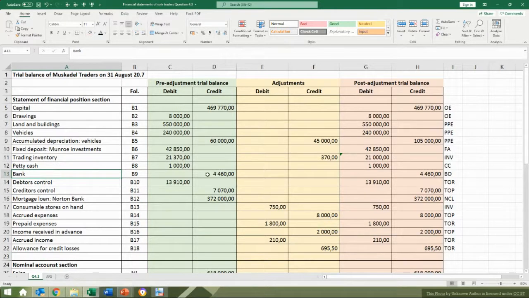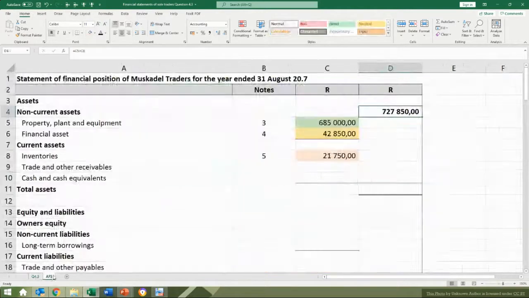But in this scenario, you will see that the bank is actually negative. So normally for disclosure purposes, if we've got a negative bank balance, we would show it as a bank overdraft under the liability side rather than cash and cash equivalents.